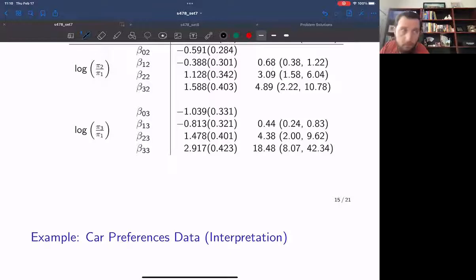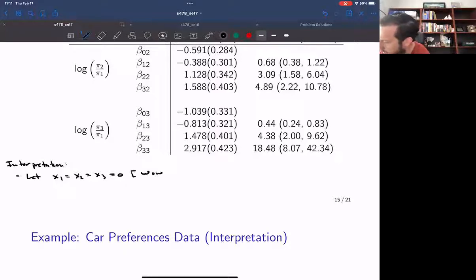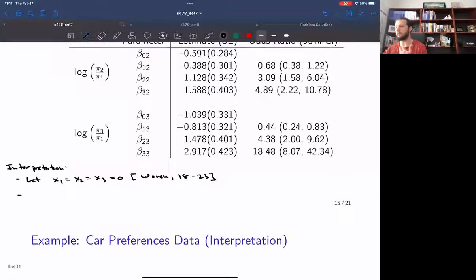So for example, let x1 equal x2 equal x3 equal 0. Okay, so this would be women 18 to 23.